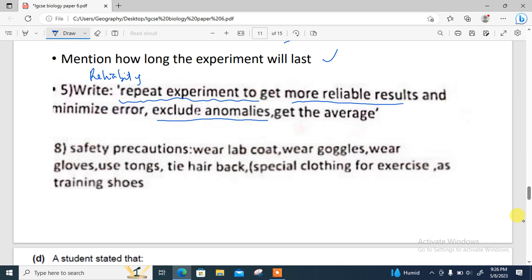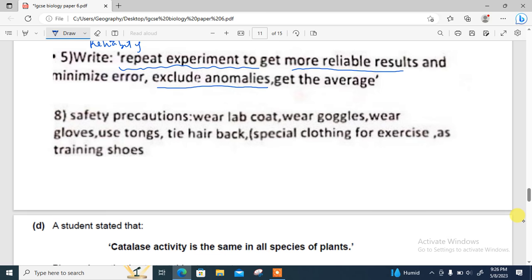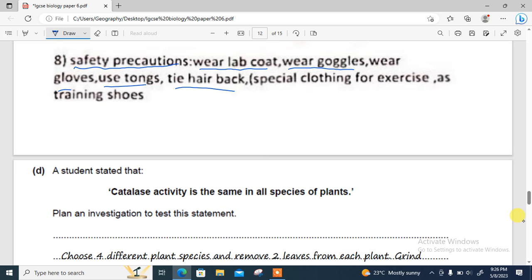Then at the end of every investigation, we want to know your safety precautions. So in this case, it's things like wear lab coats, wear goggles, wear gloves, use tongs, and tie your hair back.